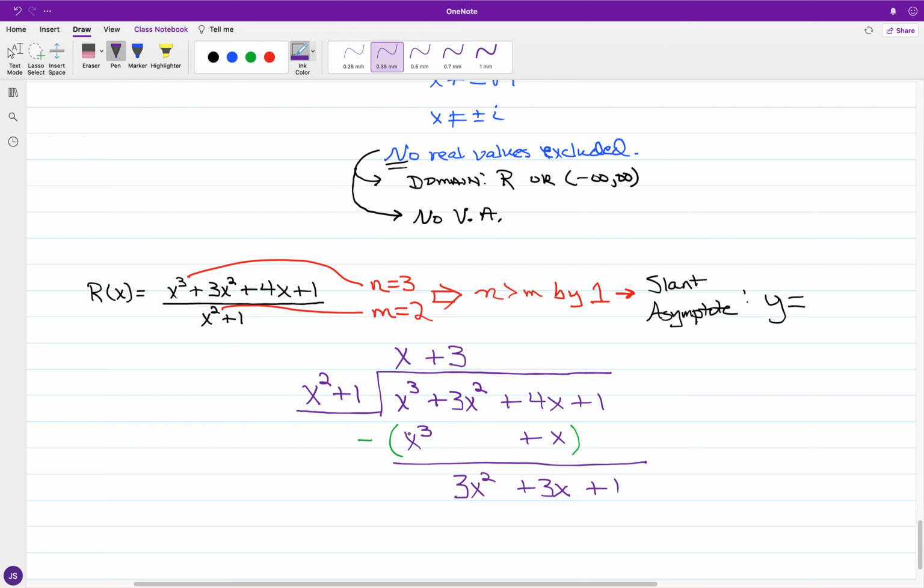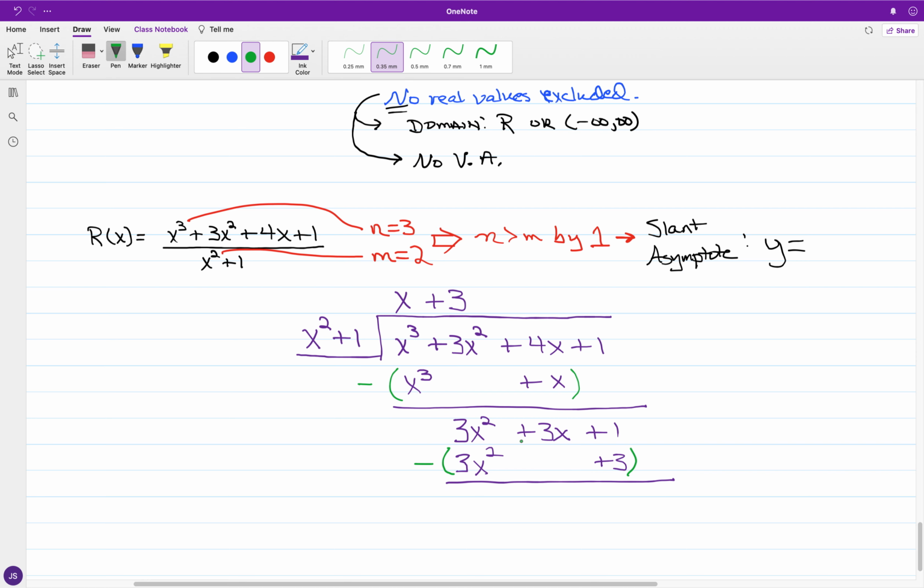And distributing, we have 3x squared plus 3. So 3x squared will go out, and the only thing left standing is 3x, and 1 minus 3 becomes negative 2.